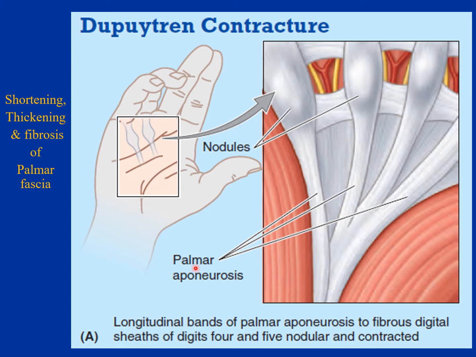When the palmar aponeurosis medial slips have nodules and become fibrotic and thickened, they become a little bit shorter, and as they become shorter they will flex these fingers, the fourth and fifth fingers, and this condition is known as Dupuytren's contracture.